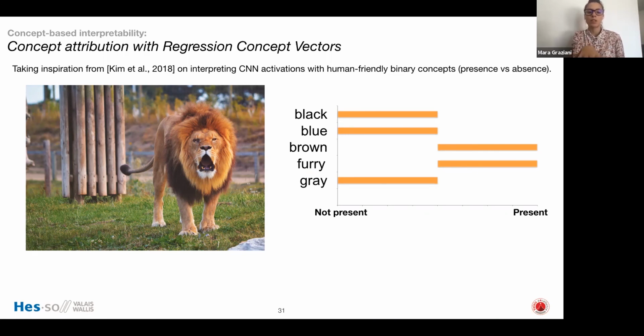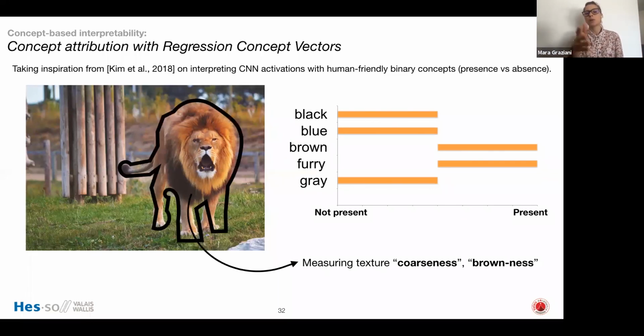So for example, in this image of a lion, there are the concepts brown and furry that are used to explain the classification. So brown and furry are concepts that are present, and the question is whether these concepts can explain the network classification, so whether these are relevant in the classification.